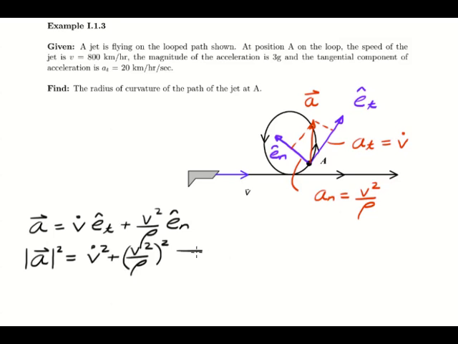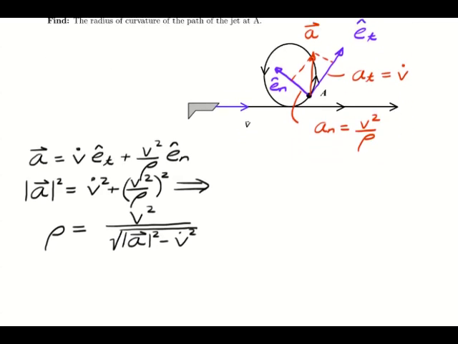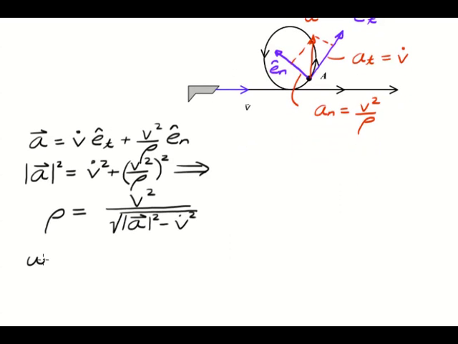And from this, I can get an expression for rho. So if I solve this for rho, I get the square of the speed v on the top. I get the square root of the magnitude of A squared minus the square of the rate of change of speed v dot on the bottom. And with this equation, we have everything that we need.